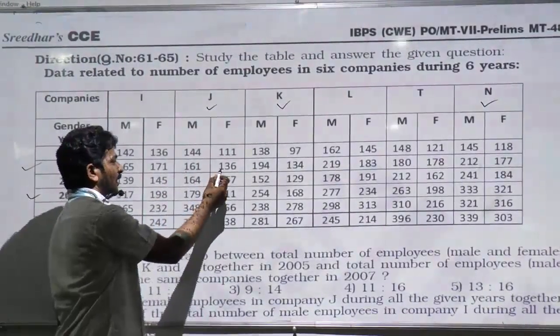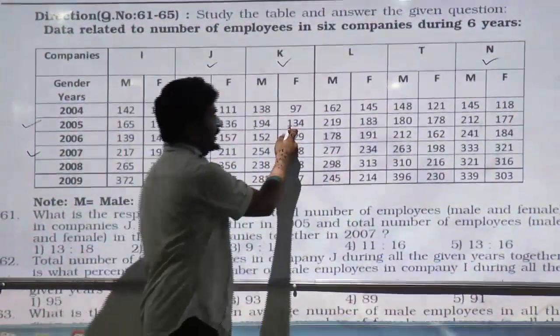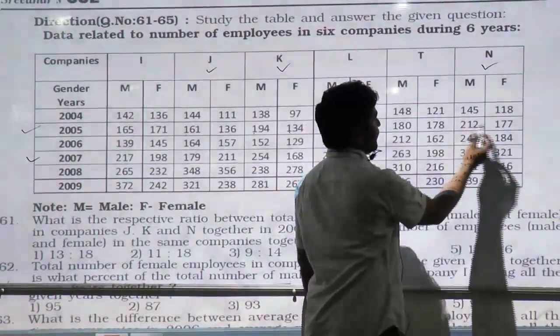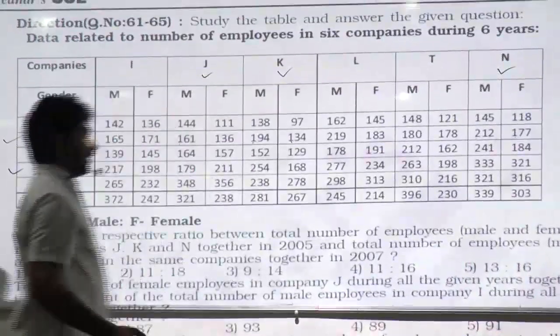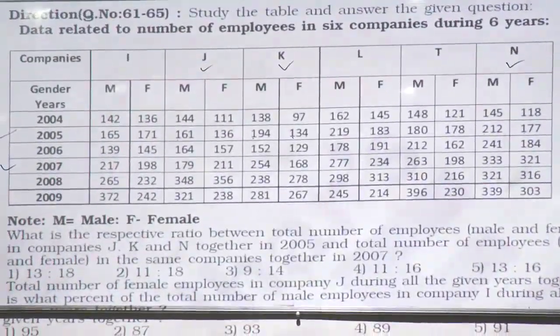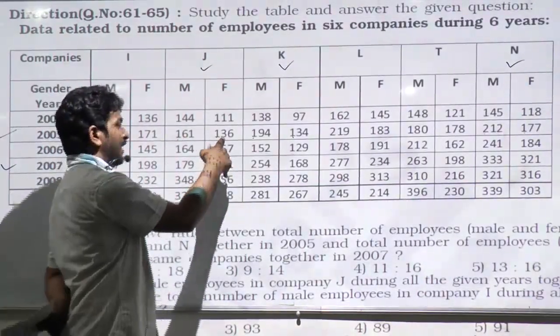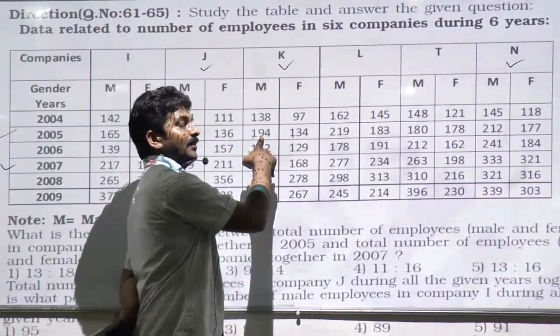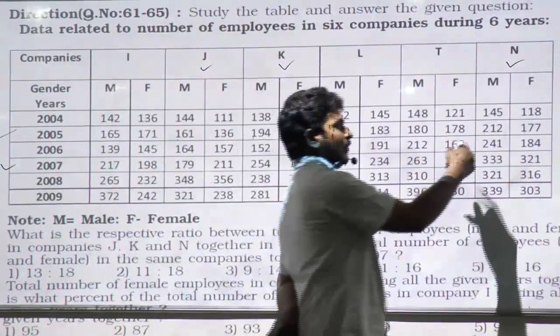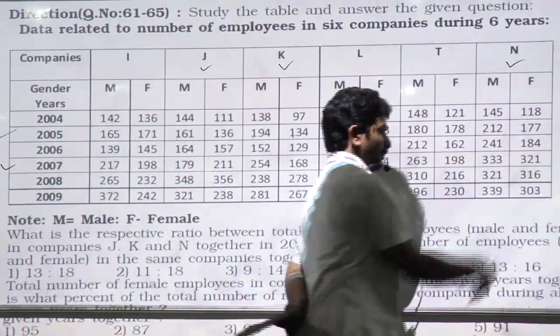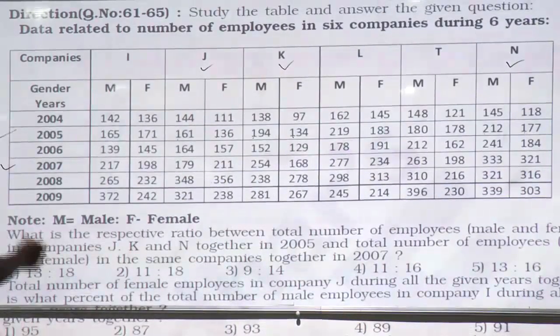Let's add hundreds places. 100, 200, 300, 400, 600, 700. Let's write 700 here. Tens places: 60, 90, 180, 210, 220, 290. This is 700, right? Plus 290.